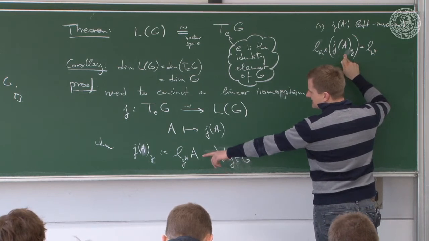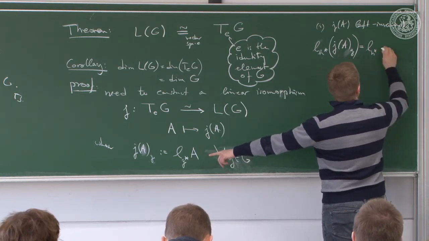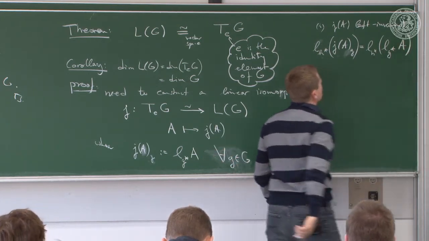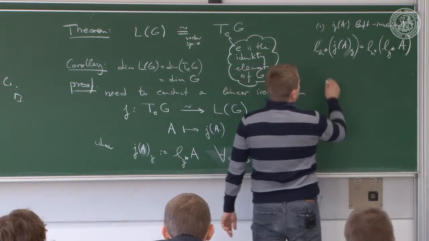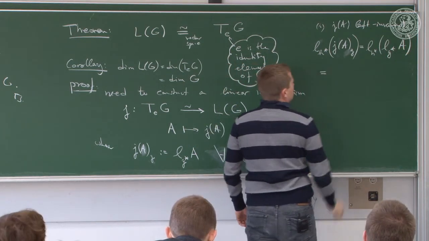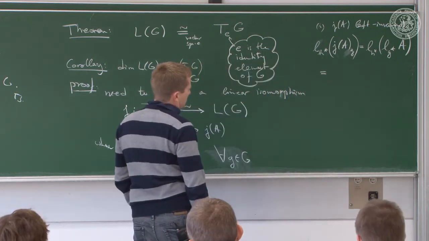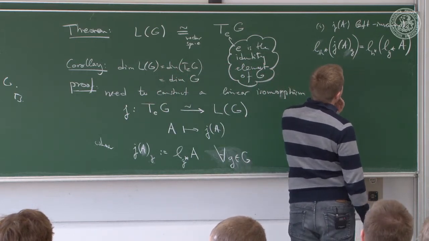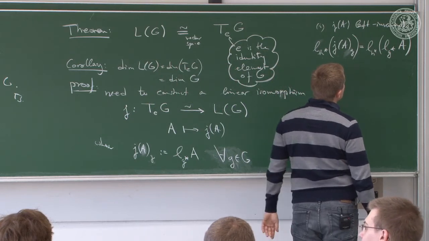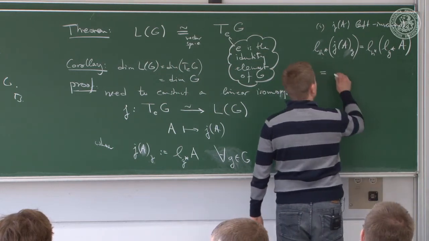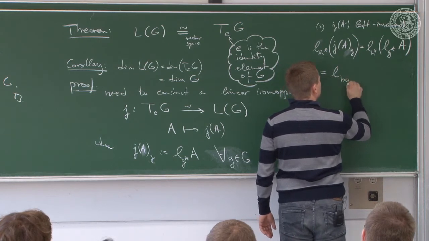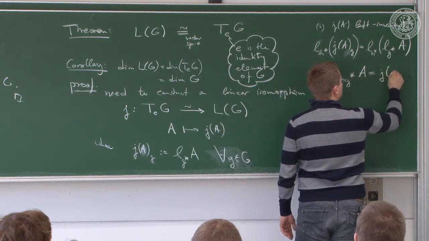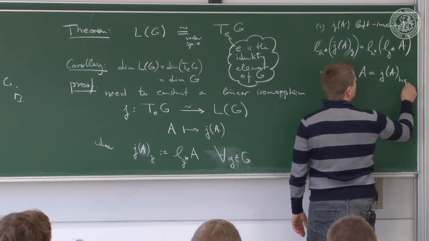Now this itself is the push forward L_G push forward of a given A. Now this equals, and that I will show in a second separately, the push forward of L_{HG} push forward of A, and that's of course J of A at position HG.